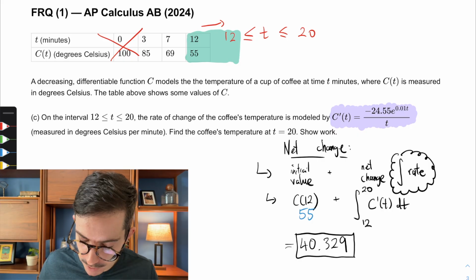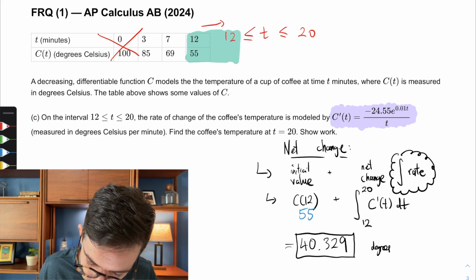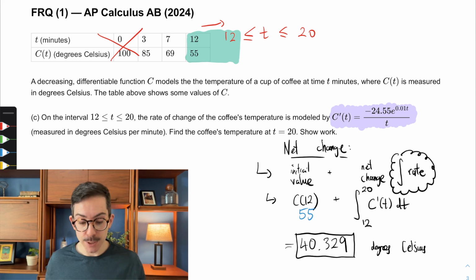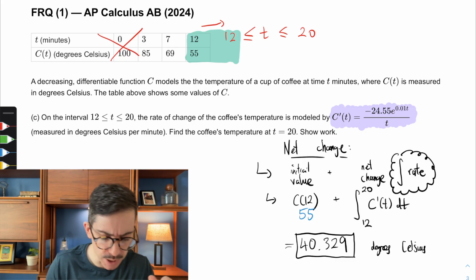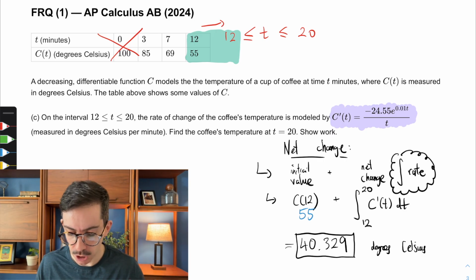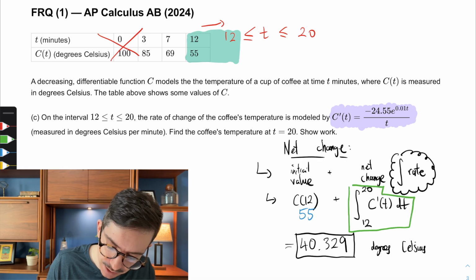Let's send away my calculator. They haven't asked for units, but I know that I'm measuring in degrees Celsius. And we're done. First calculator part, knocked out. So how are the points given out here? Well, I got 1 point for knowing that I had to consider the integral of the rate.